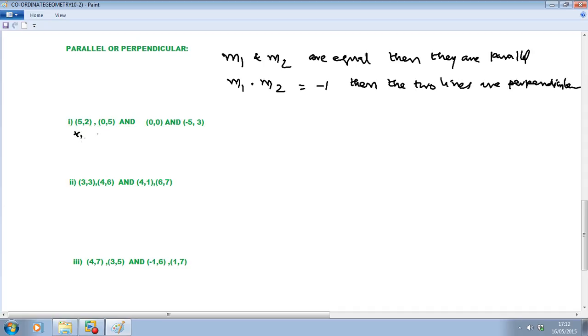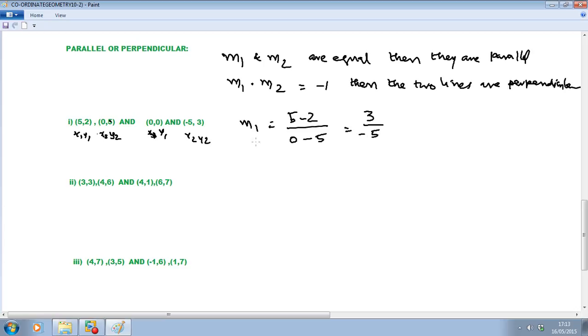So we have to find out. In this we'll take x1, y1, x2, y2 for the first line and a different set for the second line. For the first line, m1 is equal to y2 minus y1 divided by x2 minus x1, which is equal to 3 by 5.